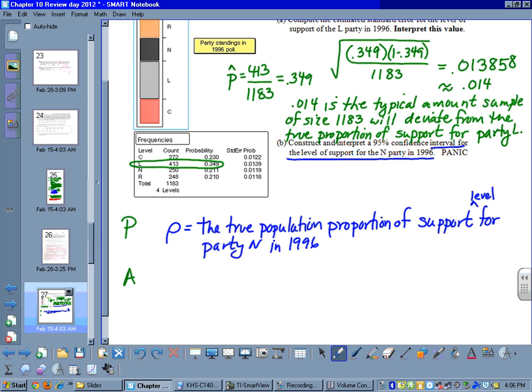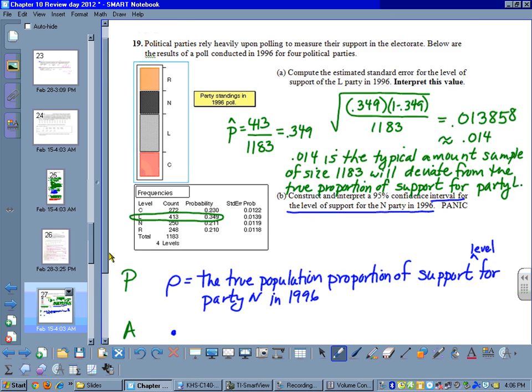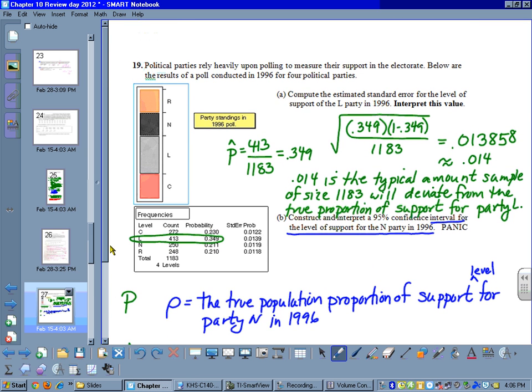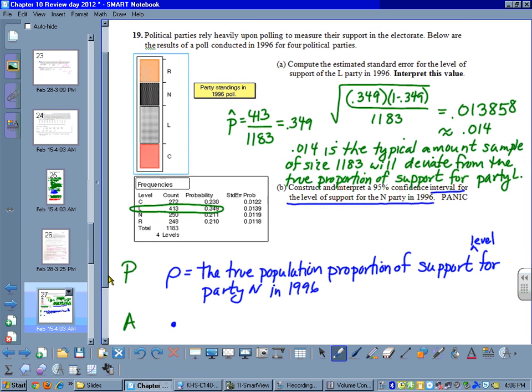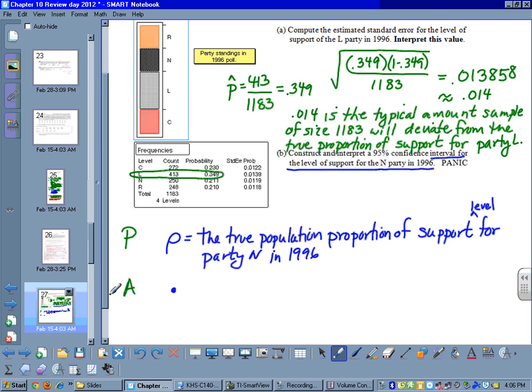Now I need to test my assumptions. First assumption is that my sample is a random sample. It says below are the results of a poll conducted in 1996 for the 4 political parties. So I'm going to have to say assume p hat is from a simple random sample.